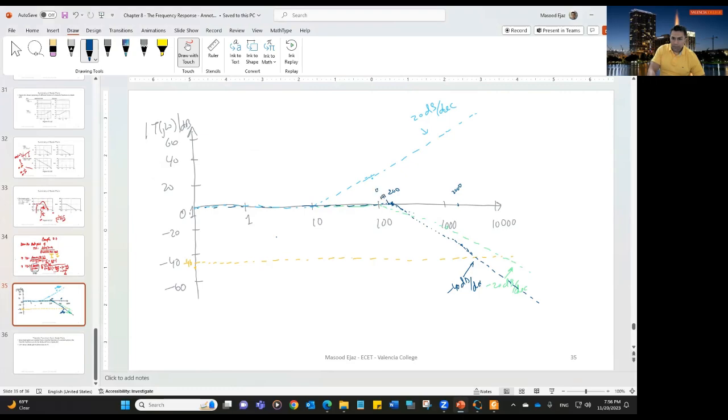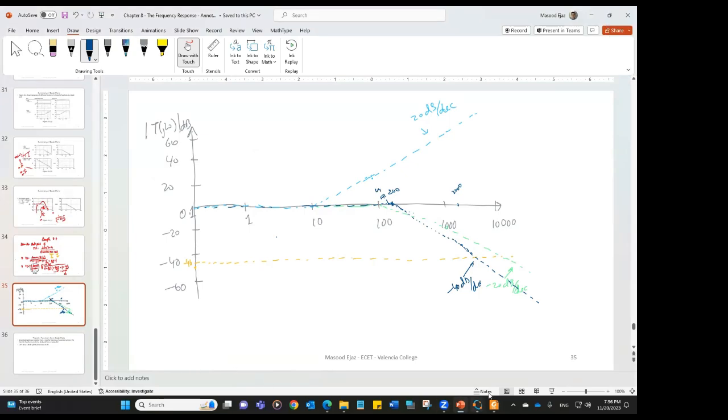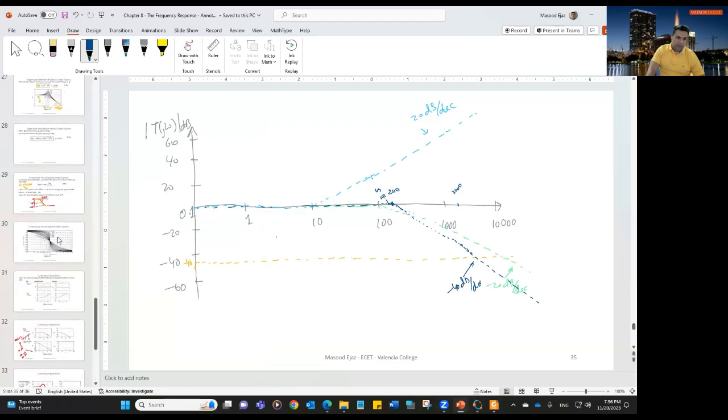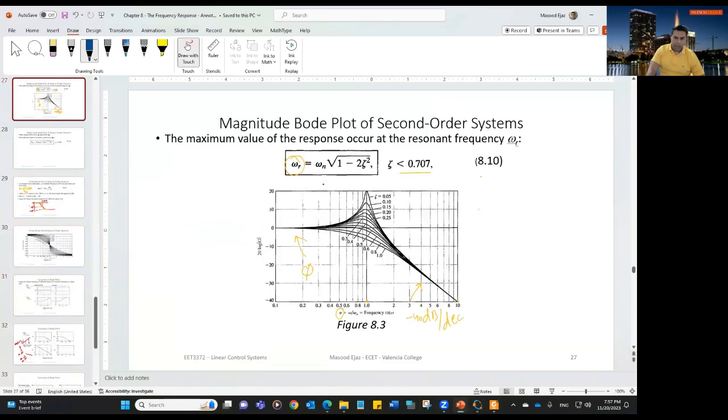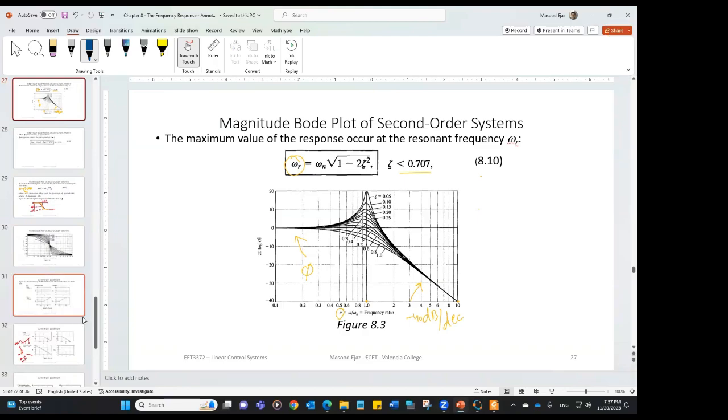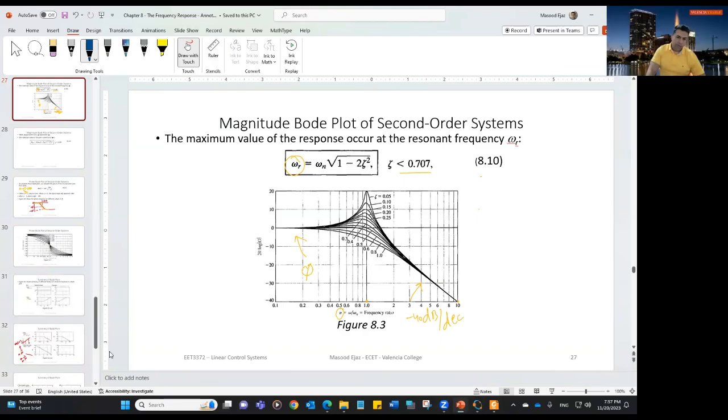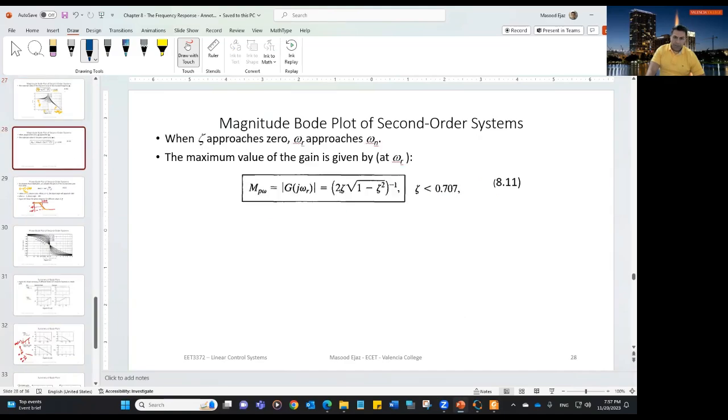What was the calculation you just did? Oh, I calculated the resonant frequency using this. At resonant frequency, the peak is going to occur. And the value of the peak is going to be the reciprocal of 2 zeta square root of 1 minus zeta square.